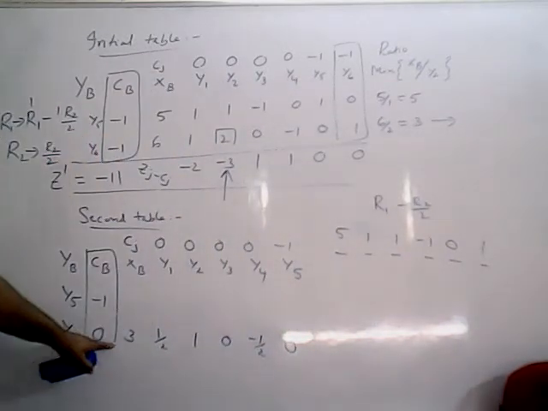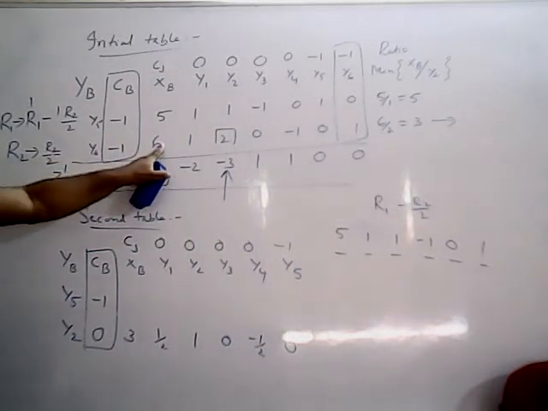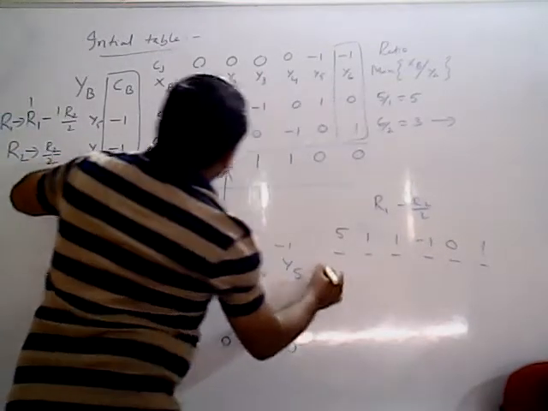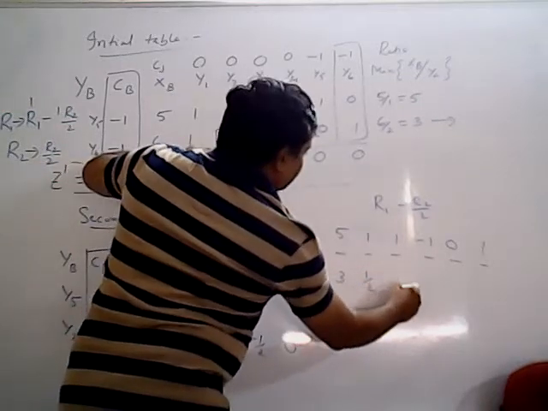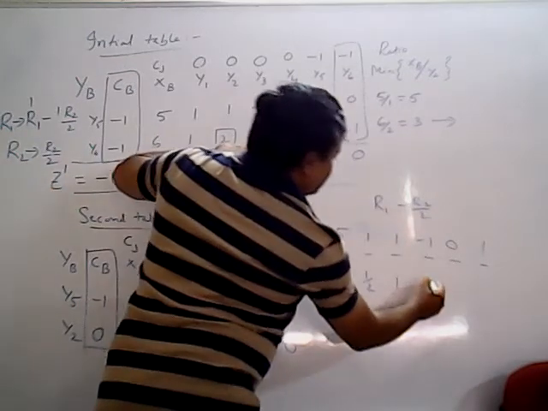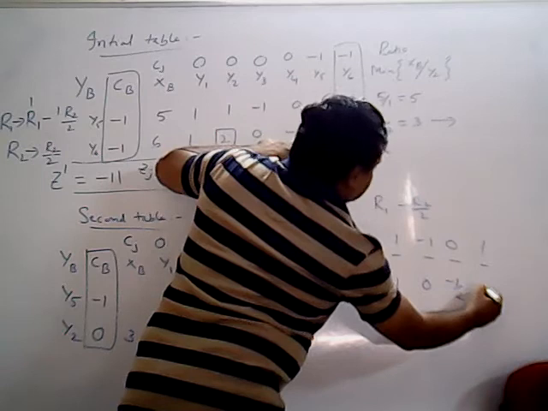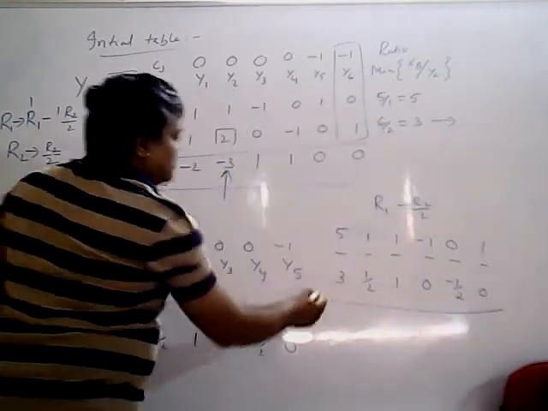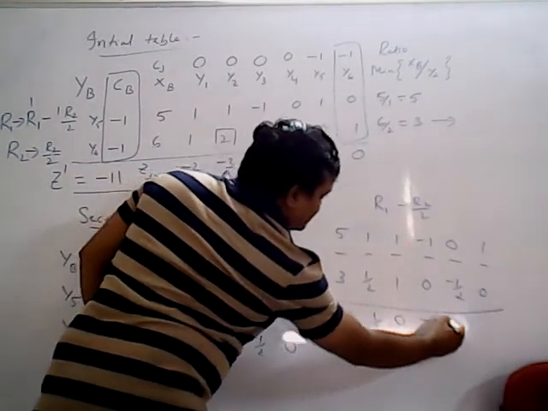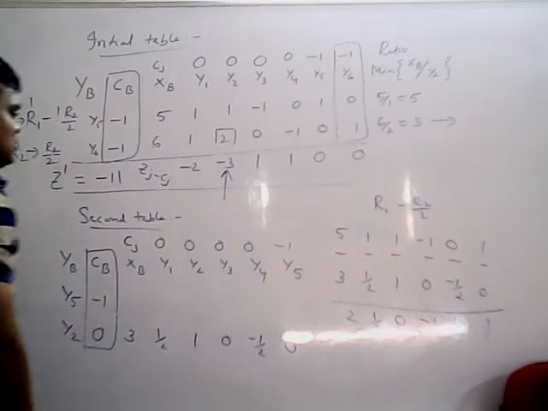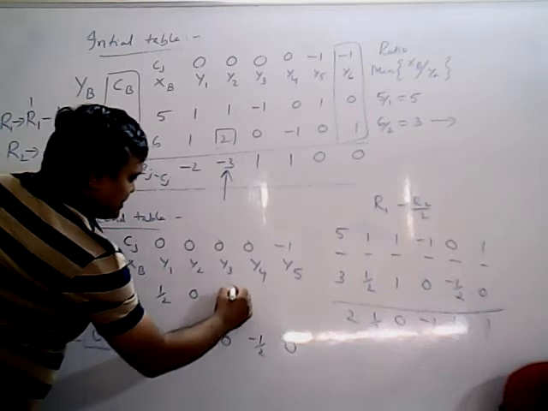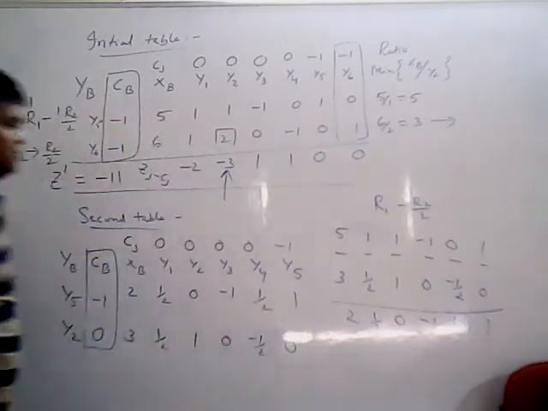Next, R2 by 2 is this one only, because we have already done R2 by 2. Otherwise, 6 by 2 means 3, 1 by 2, 2 by 2 means 1, sure. The other element is 0, that means your operation is correct. Next 0 by 2 is 0, next minus 1 by 2, next 0 by 2 is 0. So 5 minus 3 is 2, this is 1 by 2, this is 0, this is minus 1, this is 1 by 2, this is plus 1. So the first row is 2, 1 by 2, 0, minus 1, 1 by 2, 1.